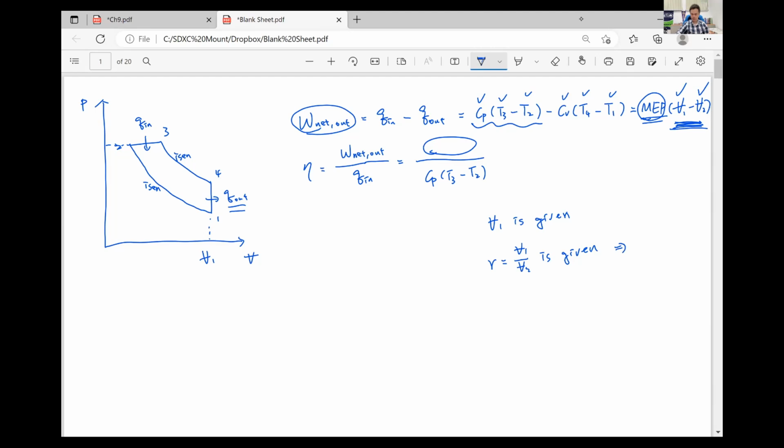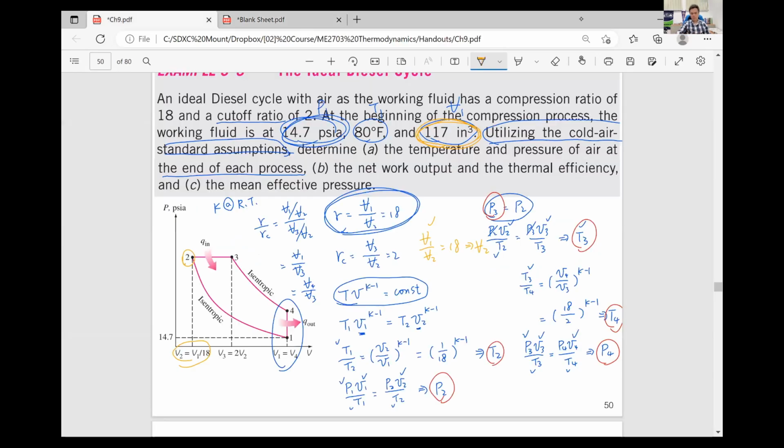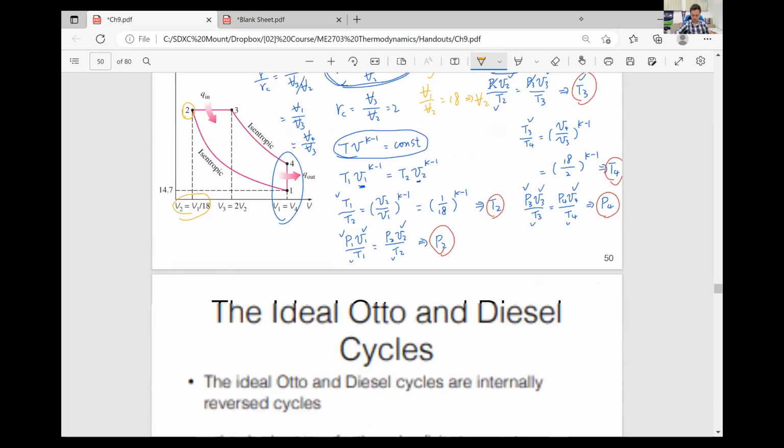So you can get V2, and you already have the net work output. So to get MEP, just divide the net work output by the displacement volume, which is V1 minus V2. Okay. Thank you, Professor. Any other questions? If no, then just continue.